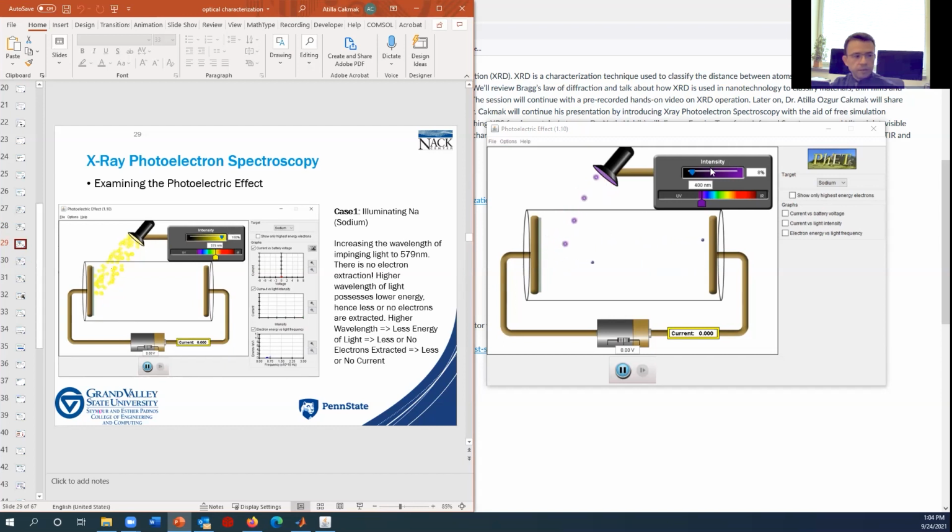And if we go to another wavelength, you see we have another control here. This is now 400 nanometers. Let's set this intensity to something in between. So we're giving 400 nanometers.